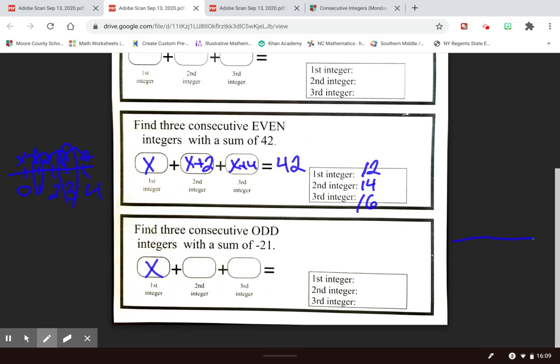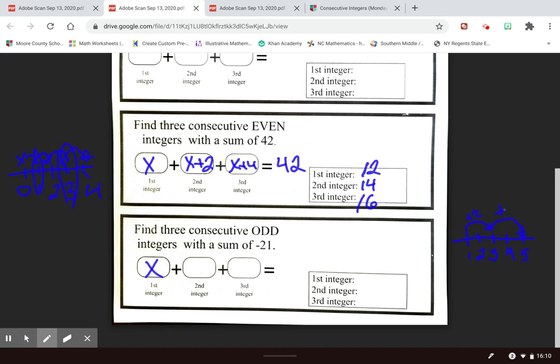Now, same thing here. If you think about this on a number line, if I start at 1, here's 2. What is my next odd integer? 3. So again, this is going to be a +2 counting pattern. Here's 4. Here's 5, my next odd integer.